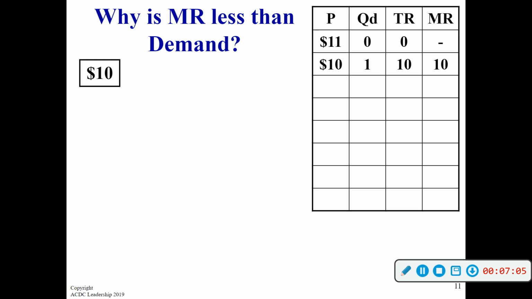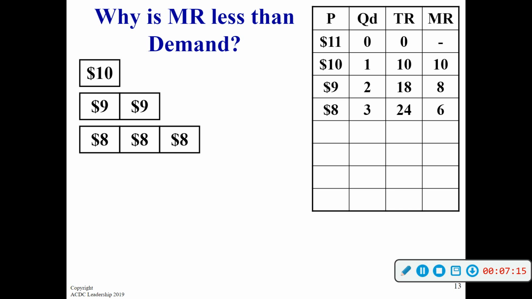So, if the price is $10, the quantity demanded is 1, which means the total revenue, price times quantity, gives you 10. The marginal revenue for that first unit is 10. In order to sell a second unit, they had to lower that price. So they go from $10 to $9. Quantity demanded goes from 1 to 2.